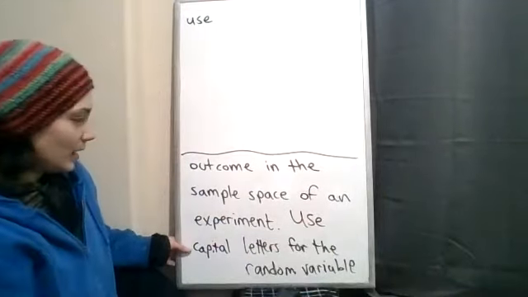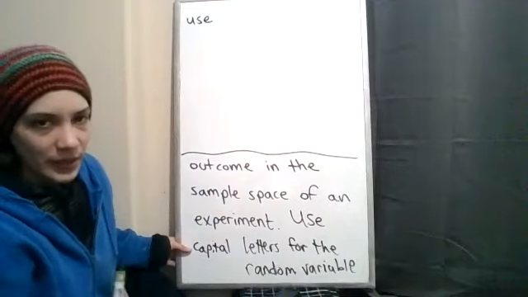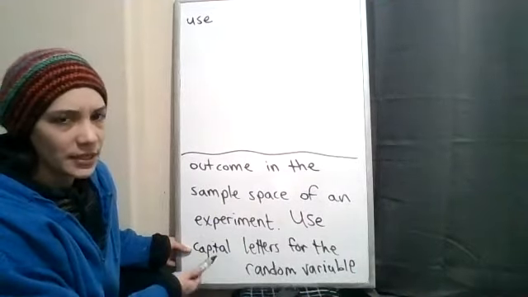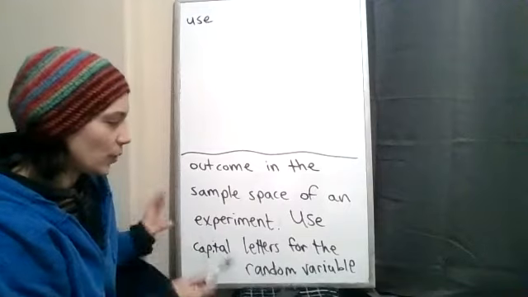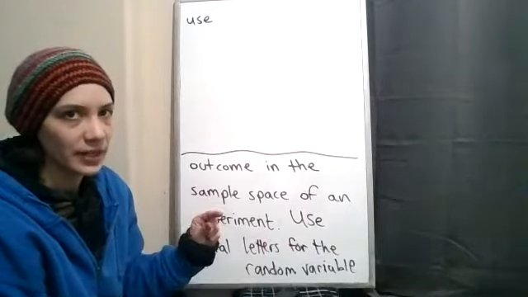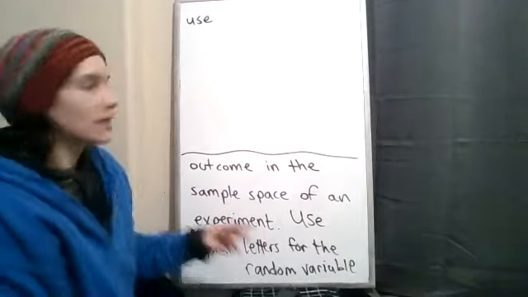Mostly I'll be doing this part, but if you wonder why it's capital and why it's lowercase, it's for certain situations where you want it to be random, so capital, and lowercase is specific, like an actual number.